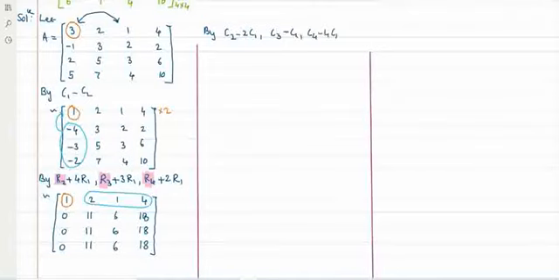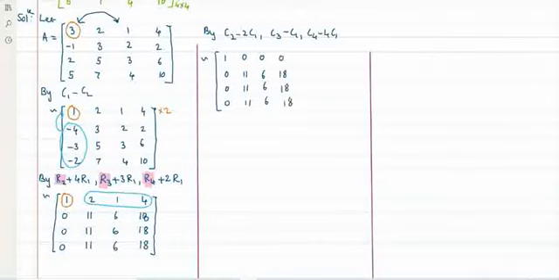So the new equivalent matrix, column-wise. First column 1, 0, 0, 0. Obviously, when you apply such transformations, only the ones circled in blue become 0. 11, 11, 11, 0, 6, 6, 6, 0, 18, 18, 18.